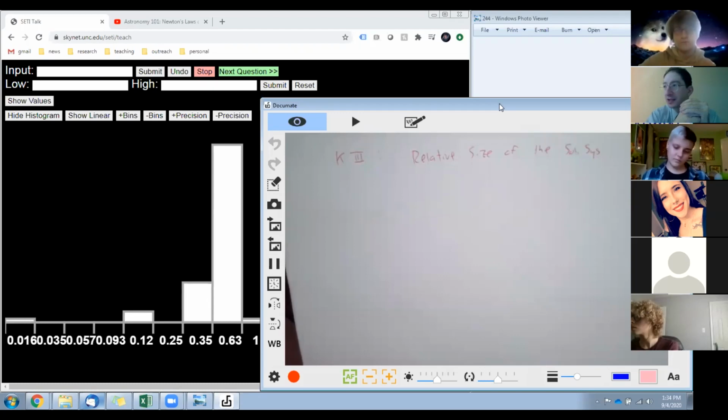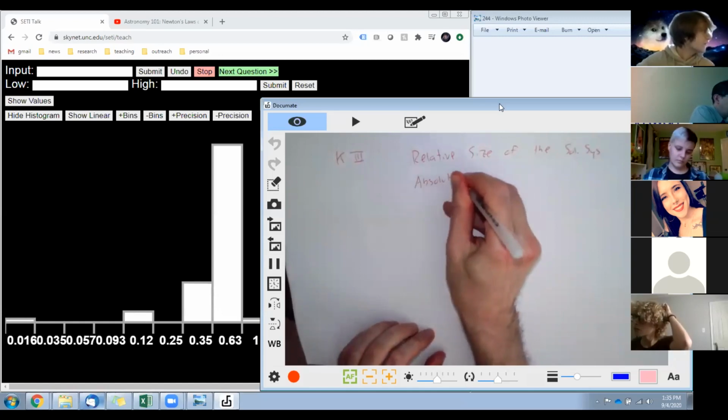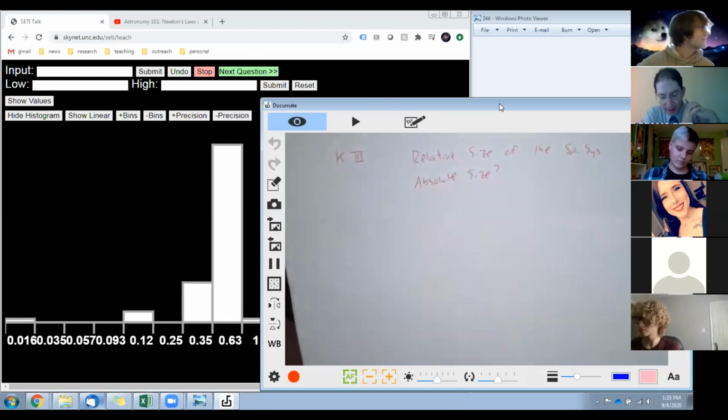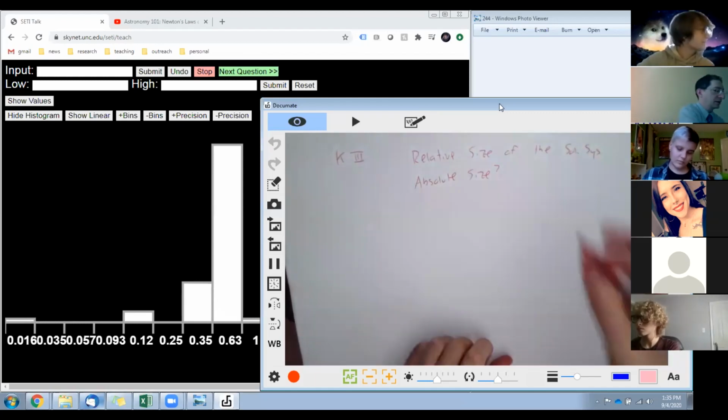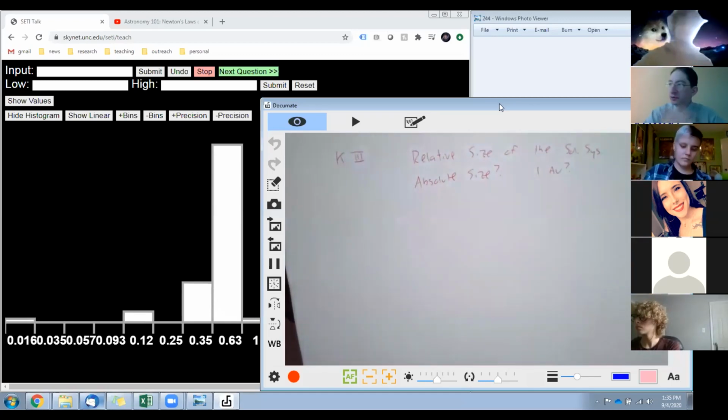And that doesn't tell us if the solar system is big or small until we know how big the astronomical unit is. For that, we call that the absolute size of the solar system. We don't know that until we know how big one astronomical unit is. So we're going to just do an aside here and talk about 2 methods for measuring the astronomical unit.